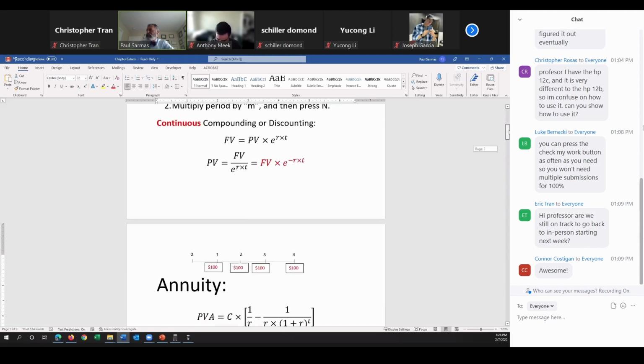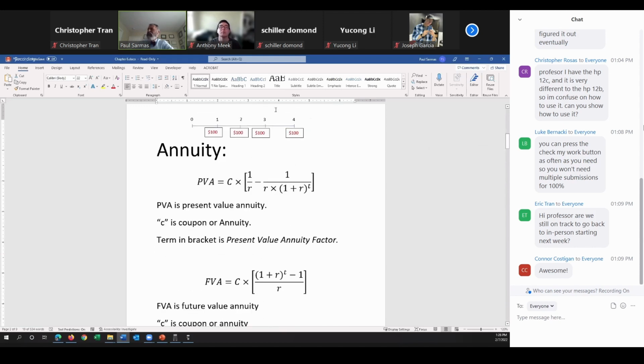And if you have annuity, like in this case, these are the formulas. This is the present value of annuity formula. This is the future value of annuity formula. By the way, if you like, go ahead and write those down. You are not going to be using them. You are not going to be sitting down and calculating this bracket. I don't think you will. If you want to, that's fine. I don't have a problem with that. But I don't think you will.